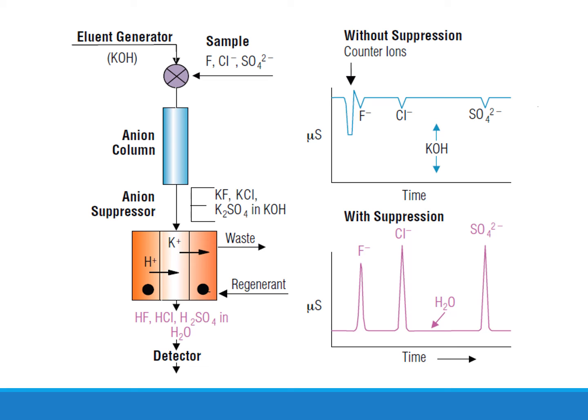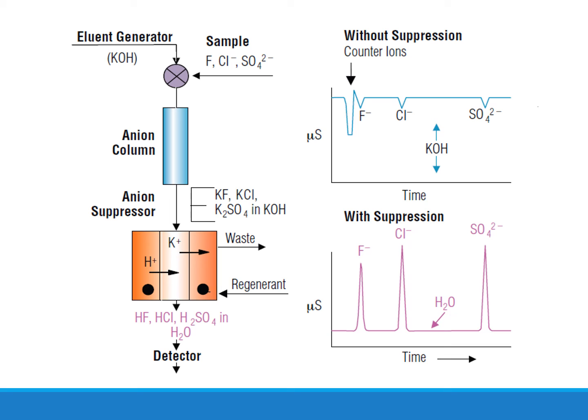We need something with very strong ions, so hydroxide ions, to displace fluoride, chloride, and sulfate from the stationary phase. However, because of this mobile phase, we are having elution of salts from the column. These potassium salts create very high conductivity, as well as potassium hydroxide.